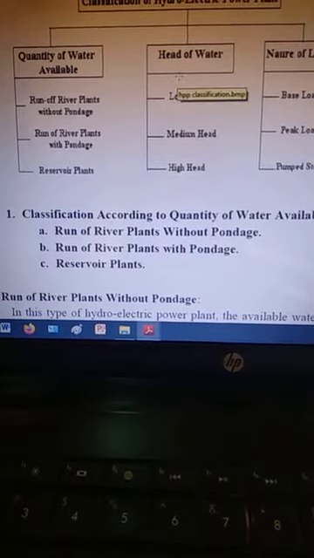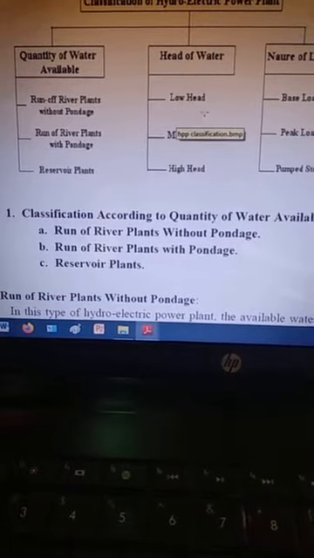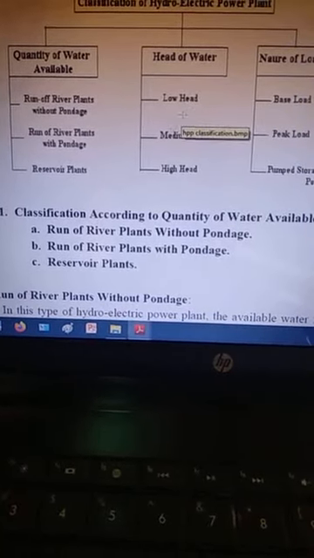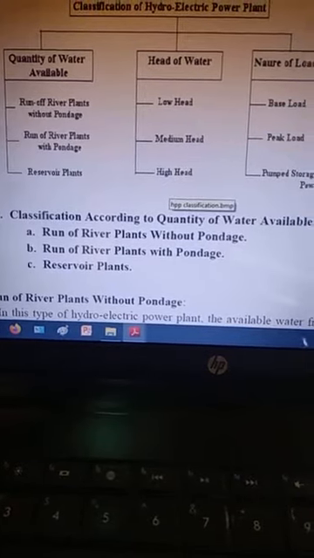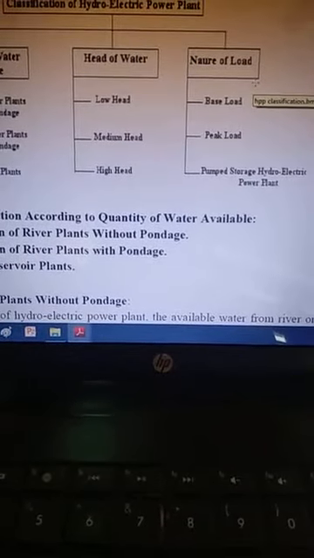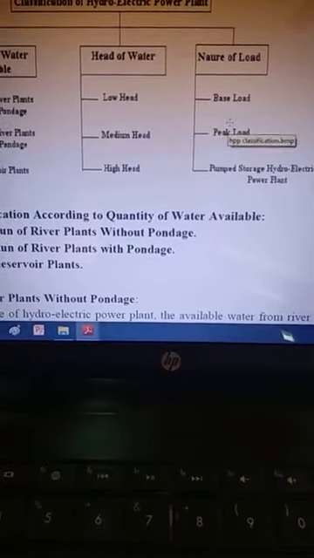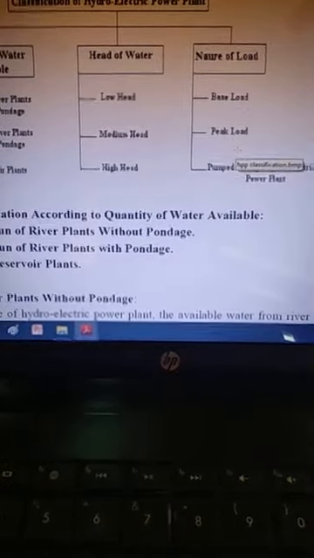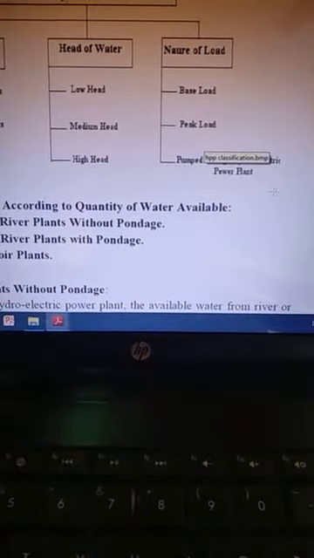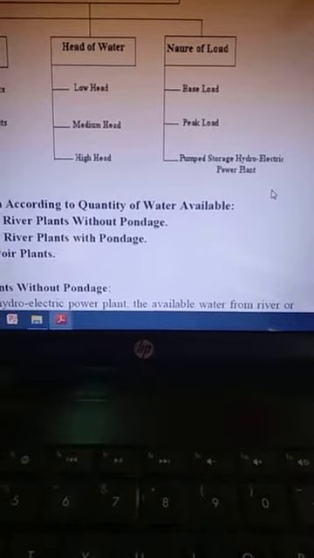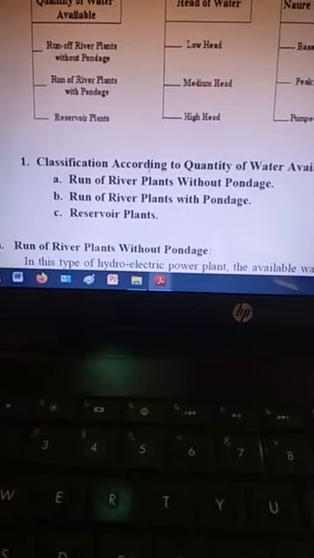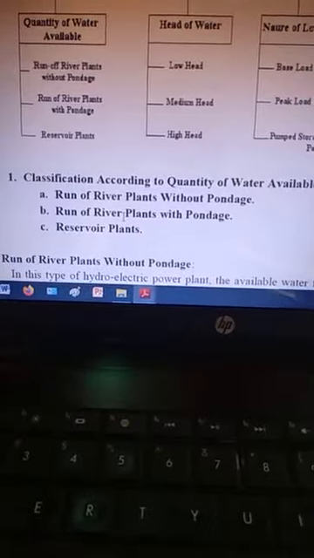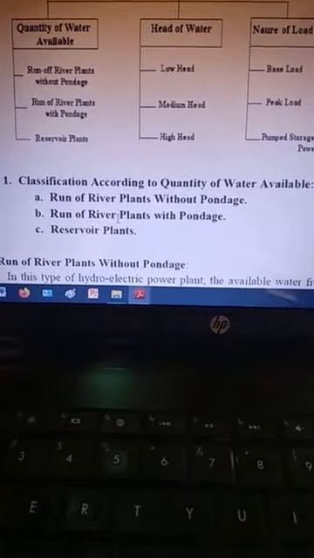And on the basis of head, it has been classified as low head, medium head, and high head. And on the basis of load, it has been classified as base load, peak load, and pumped hydroelectric power plant. So let us first have a look at the classification based on the water available.